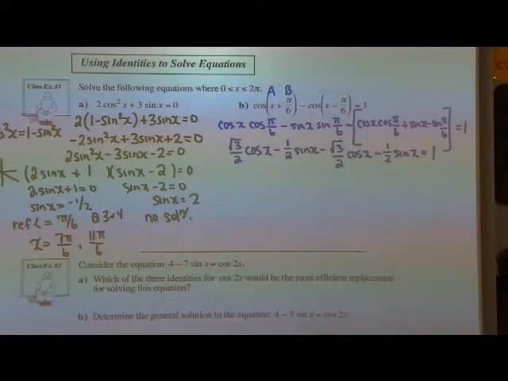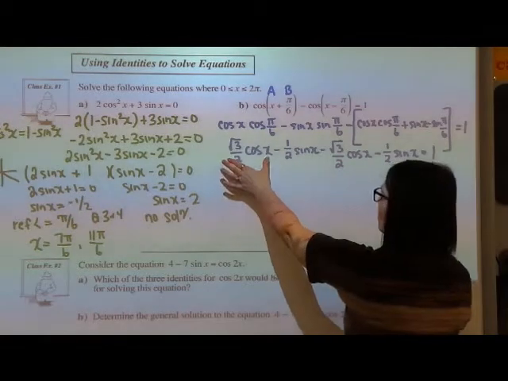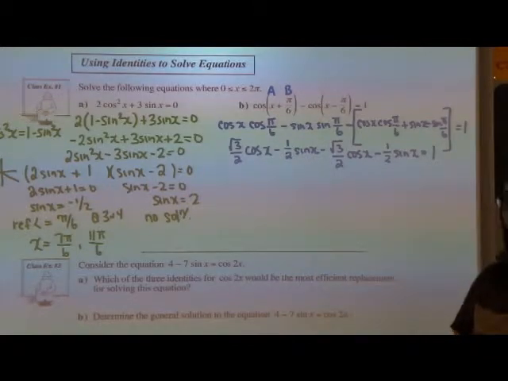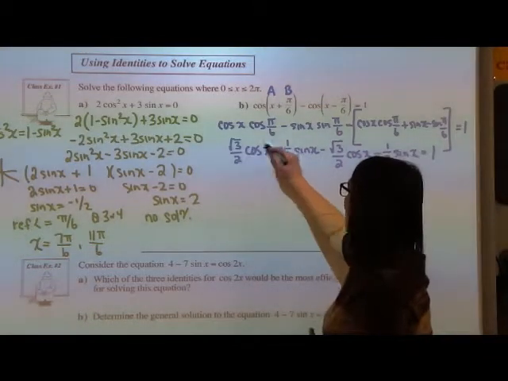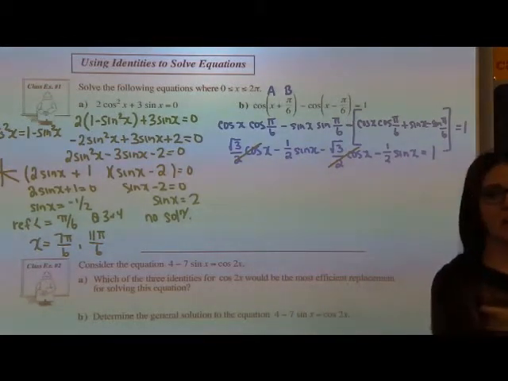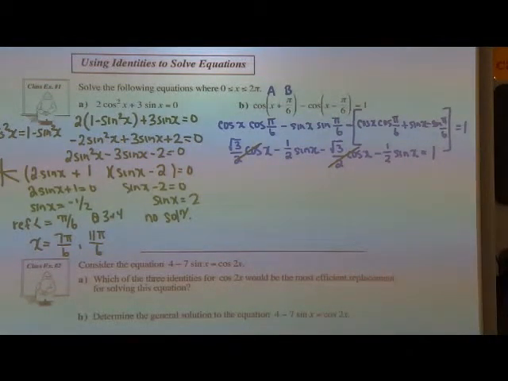So if I go to collect my like terms, what is root 3 over 2 cos x minus root 3 over 2 cos x? 0. They're gone. And negative 1/2 sin x minus 1/2 sin x.